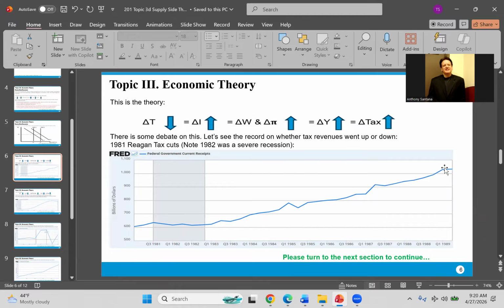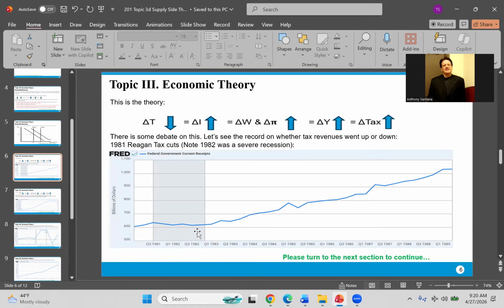So tax revenues had almost doubled by that time due to the growing economy. So over 8 years of his term, this is not even 8 years. If I went out 8 years, it would be to 91 or 1990 at least. And then you see the tax rates just about doubled.